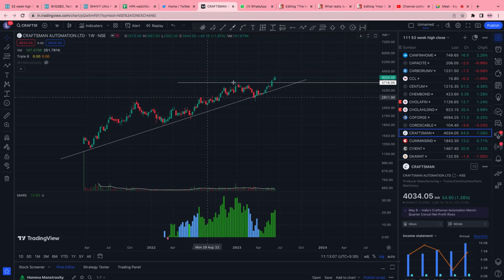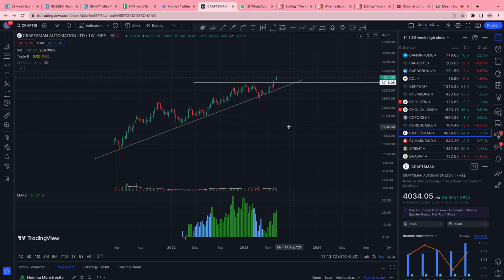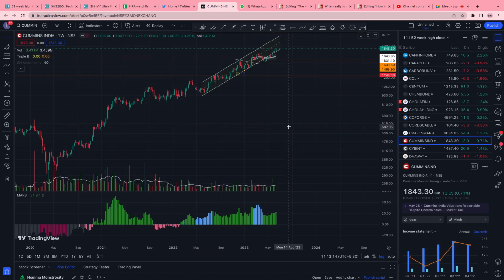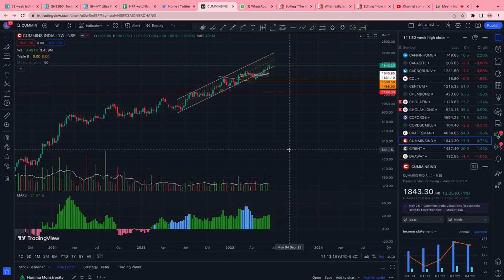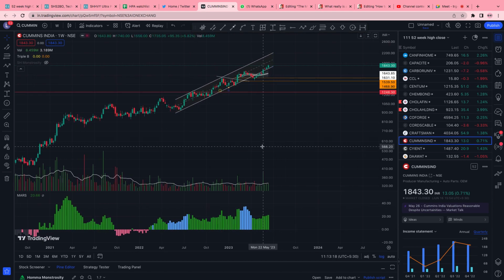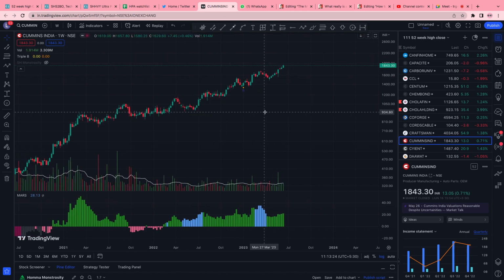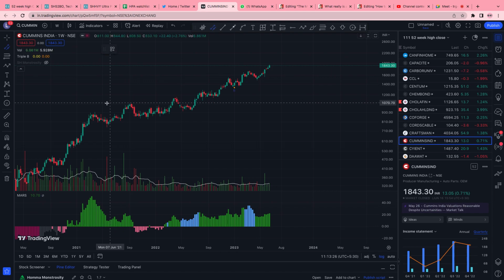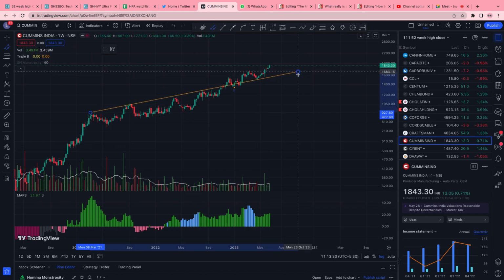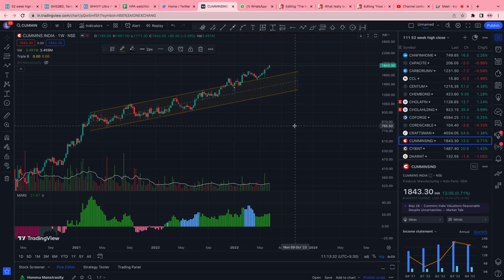Base breakout, base breakout. So these are capital goods names, again, which have been outperforming for a long time. So one could call this a BOB breakout, right?